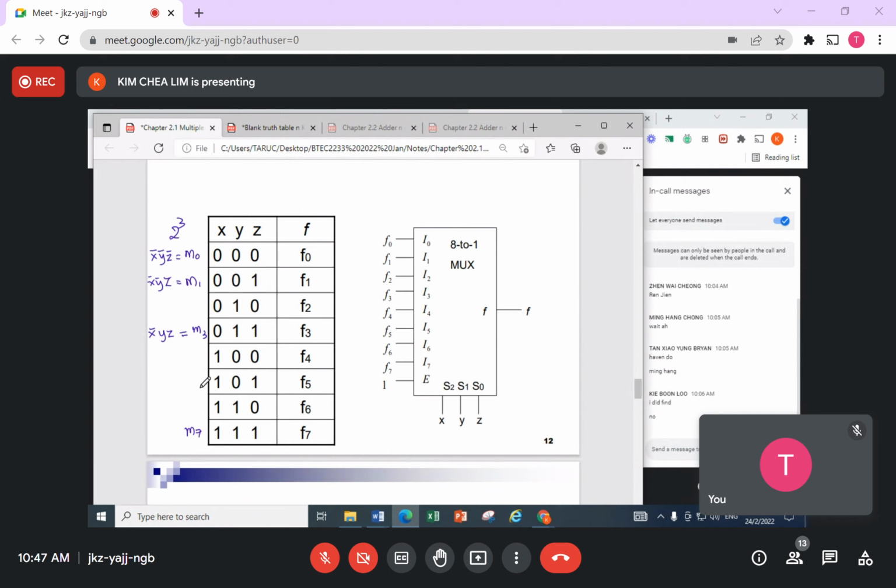Now you are going to find that I can design this truth table based on the Karnaugh map, based on Boolean algebra, or an easier way is using a multiplexer. But of course, it is slightly more expensive, because a multiplexer is much more expensive compared to a single chip of AND gates and OR gates.